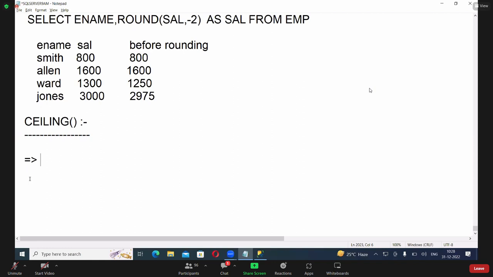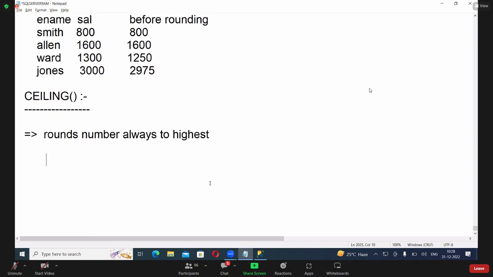It always rounds to the highest. The number is always rounded to the highest.